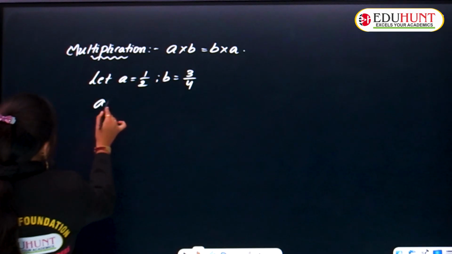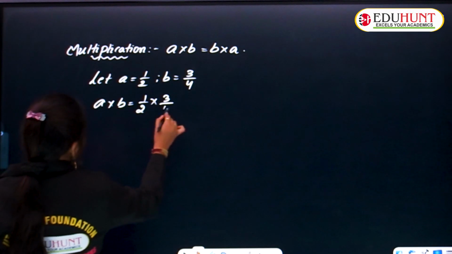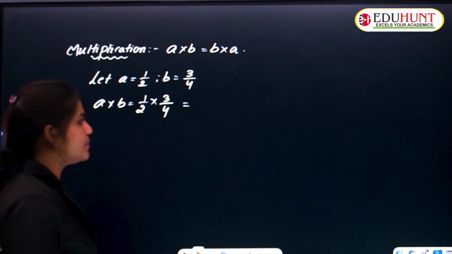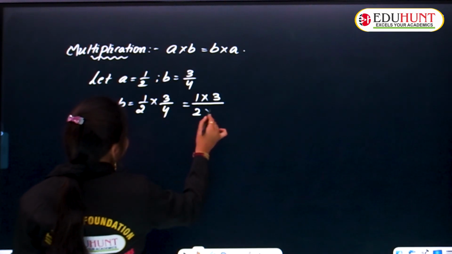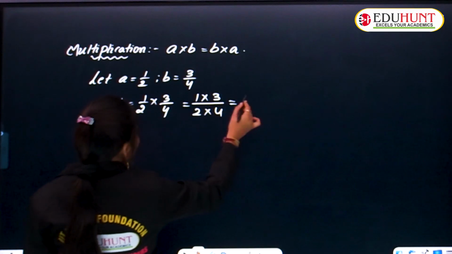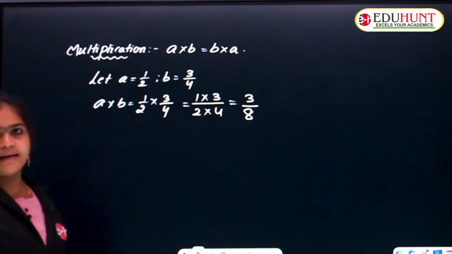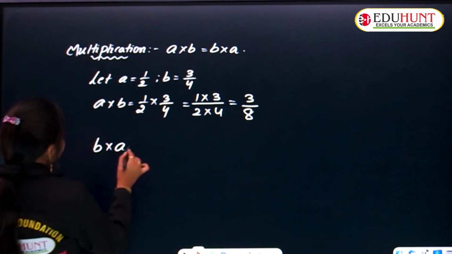Okay. a into b is equal to 1 by 2 into 3 by 4. Any cancellations possible here, ma? Cancellations not possible. Just go for multiplication of numerators by multiplication of denominators. 1 into 3 is 3, 2 4's are 8. 3 by 8.